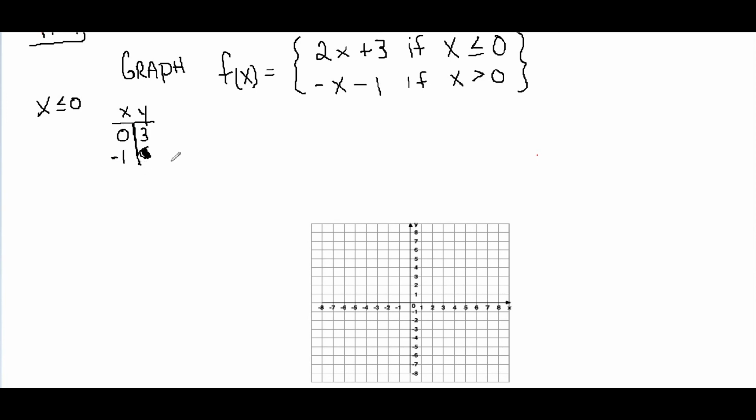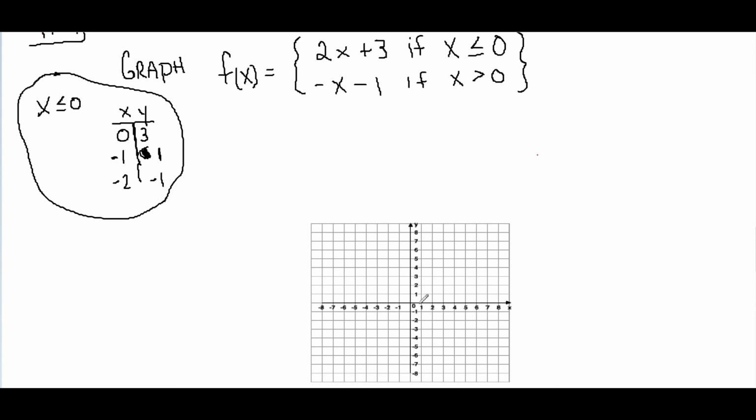If x is -1, then y is going to be 1, because -1 times 2 is -2, and -2 plus 3 is +1. And then how about if I use x is -2? If x is -2, I'd have -4 plus 3, which is -1. Okay, so this one is ready to graph, so let's do that now.